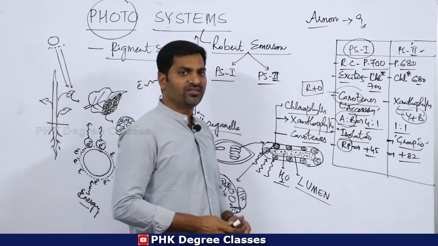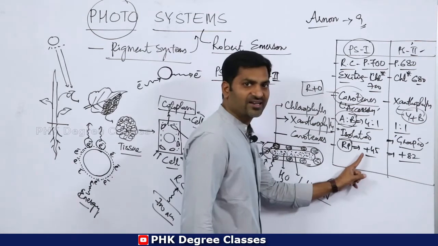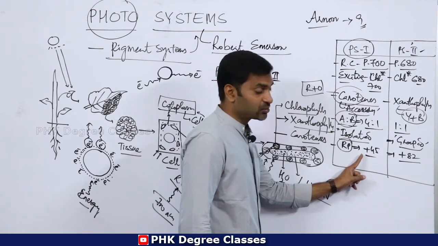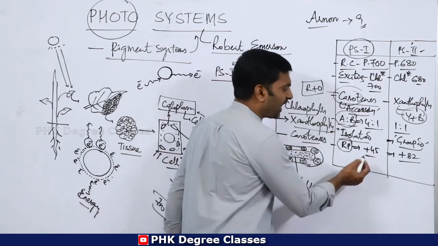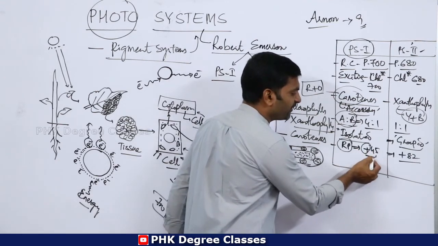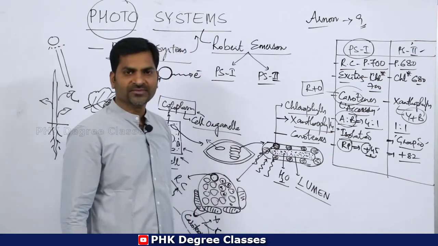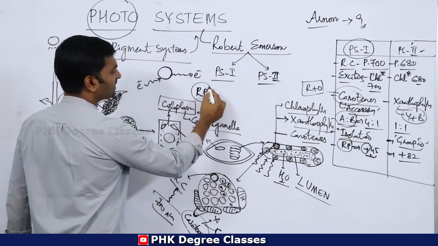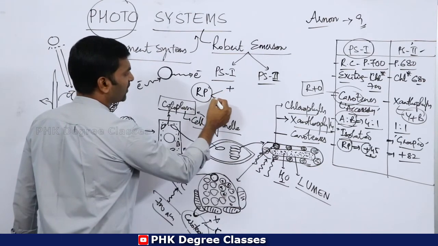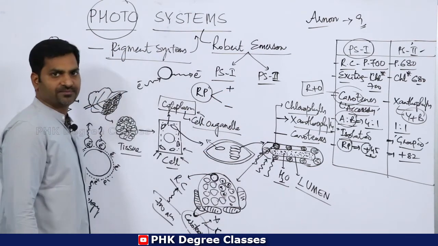Then come to the numerical information. If you observe the numerical information, I added plus before 45. Remember, RP always indicates in a positive or negative manner.